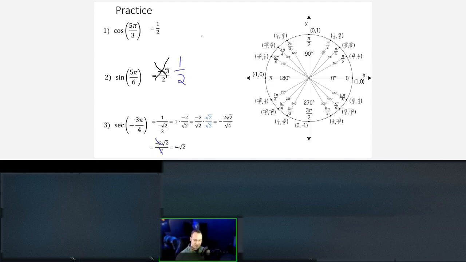For those of you who had the fraction, the 2 in the denominator, did you find your mistake? All right, what was your mistake? I'm just curious. So just didn't simplify? Okay. Just that very last part.